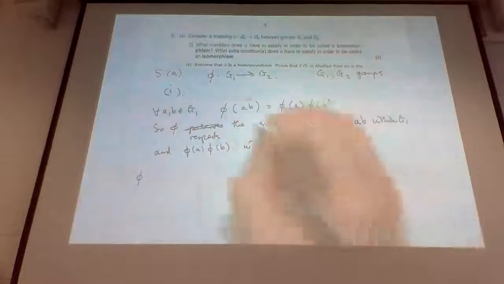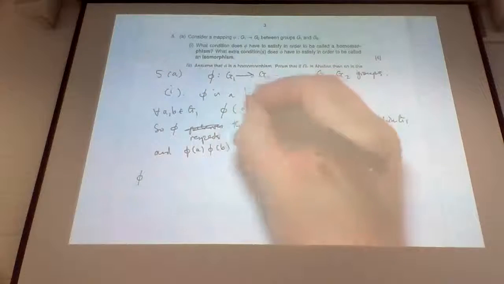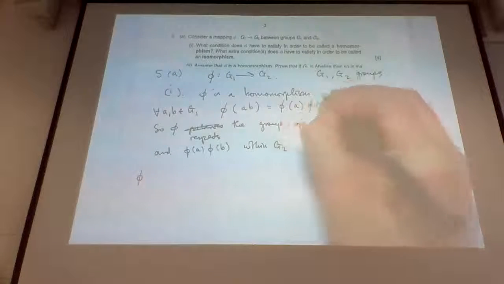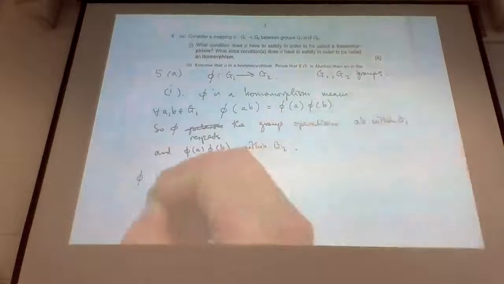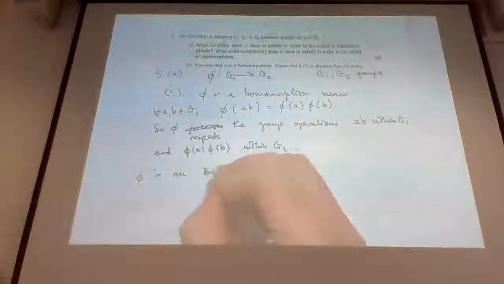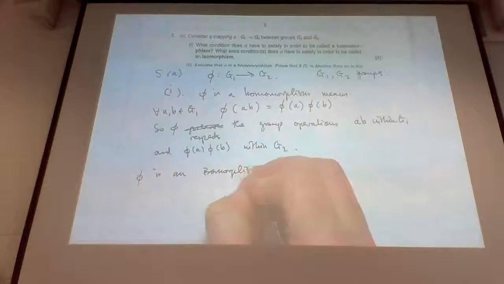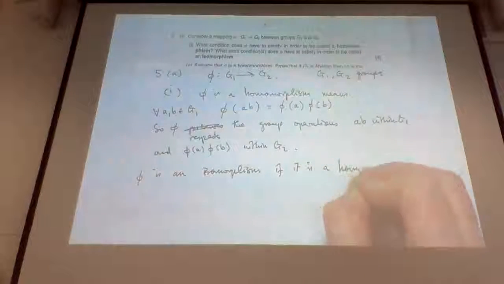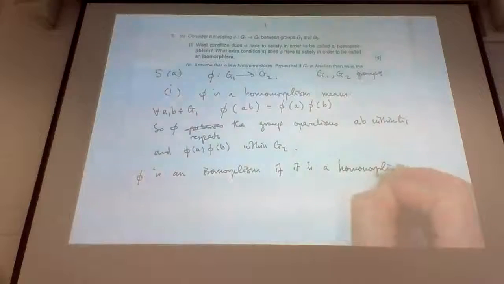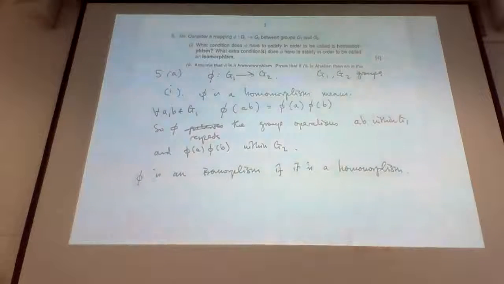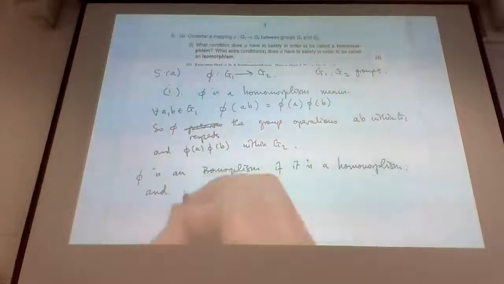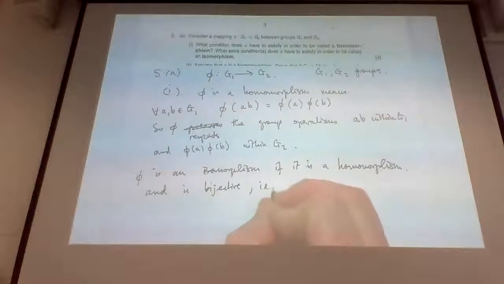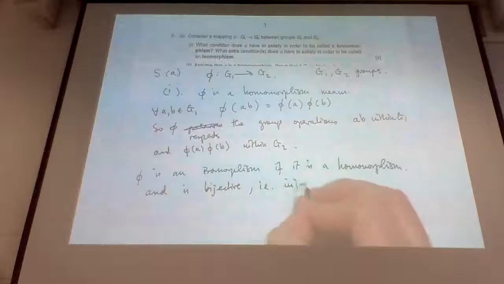So phi is an isomorphism if it is a homomorphism, although that's implied in the question, and is bijective, i.e. injective and surjective.